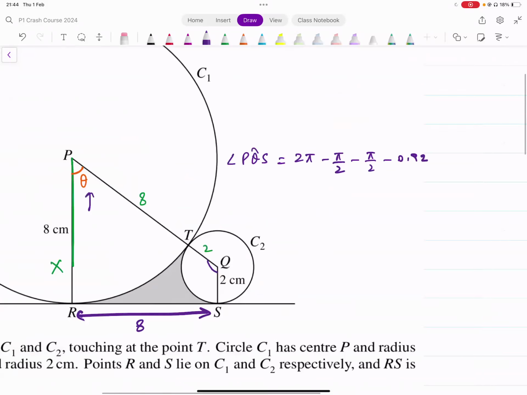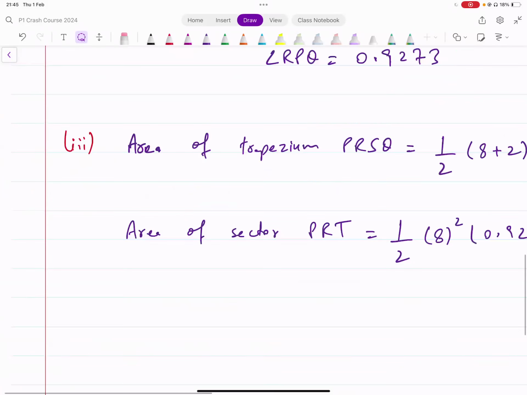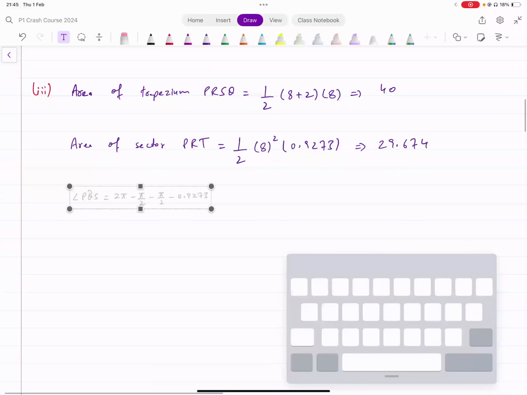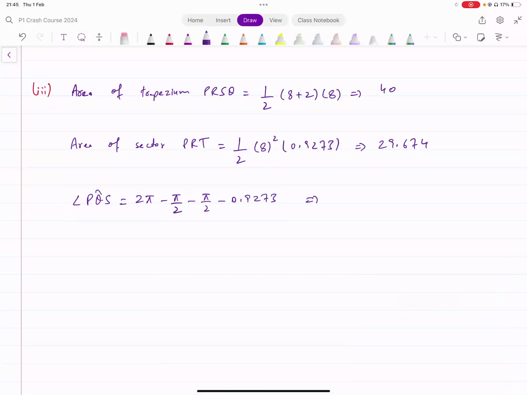And that will give us that angle that we're looking for. Okay, what's this angle? 2.215. Okay, so that angle is 2.215.